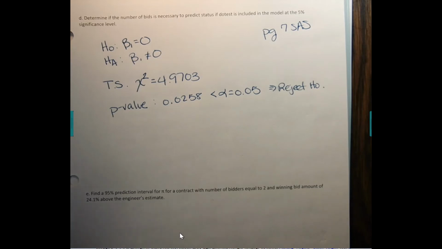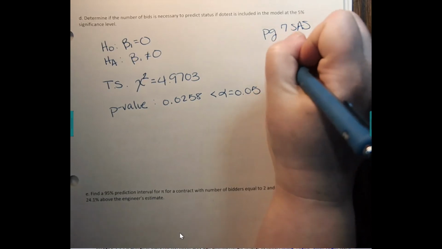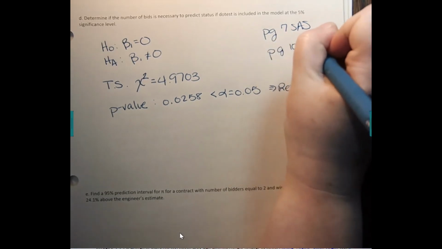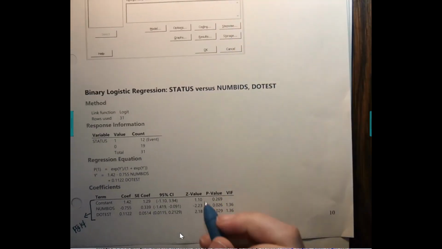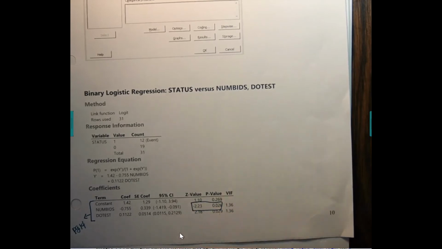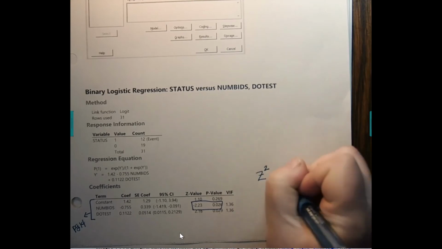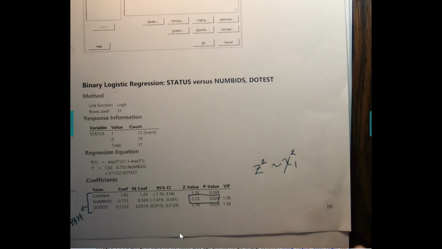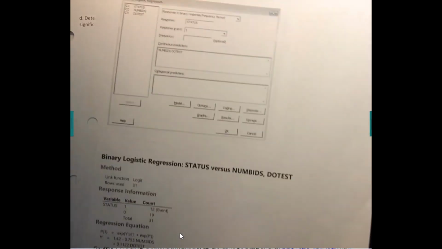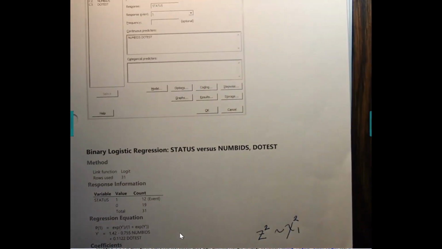If we look at page 10, on the bottom of page 10, next to num bids, it gives us a Z value. If you take Z squared, that is distributed chi-square with 1 degree of freedom, which is what we had in the SAS output.